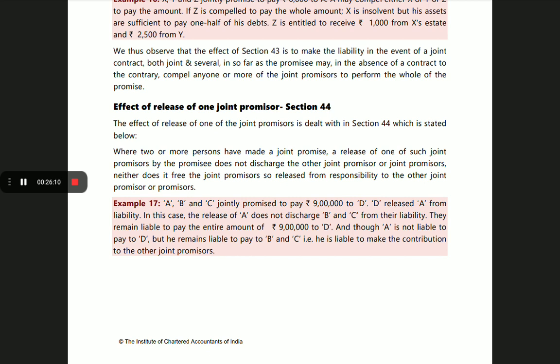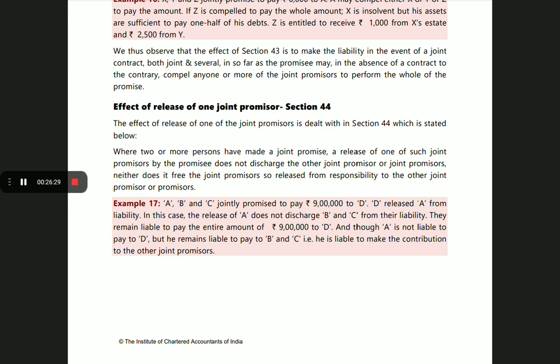Example: A, B and C jointly promised to pay 9 lakh rupees to D. D released A from liability. In this case, the release of A does not discharge B and C from their liability.